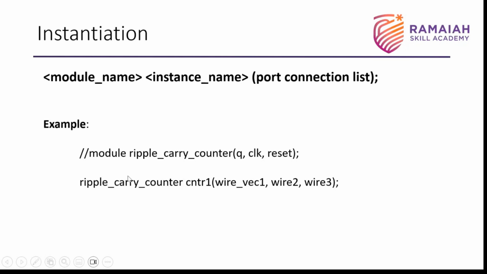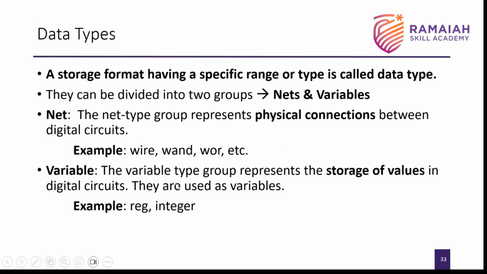Each time this is invoked, it will create a new object with its own variables. We don't want to confuse ourselves in the coding by giving the same names, so you have to use different instance names when you are instantiating.